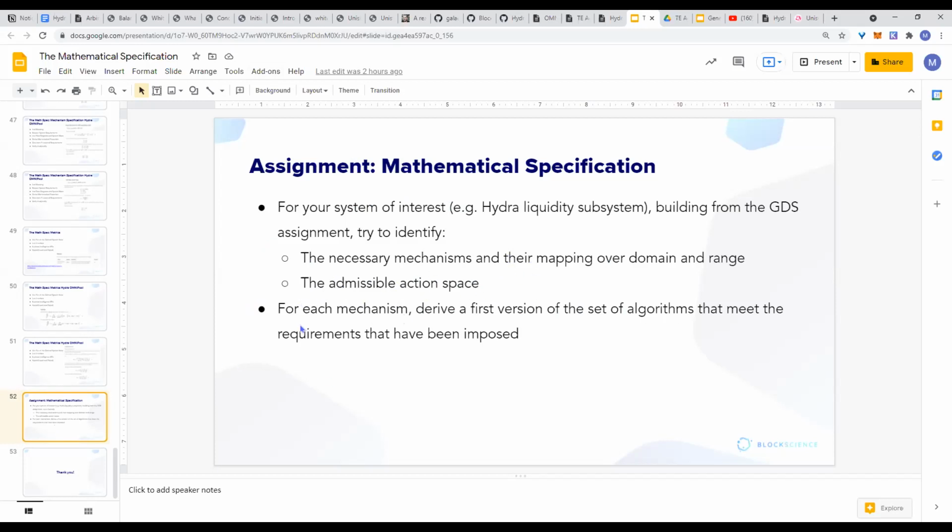Obviously, depending on the complexity, this may not be achievable, like actually defining a set of algorithms can be a lot of work. But at least taking a simplified version, or taking one mechanism and being able to take what you've determined and turn that into an algorithm or a set of algorithms would be the goal.